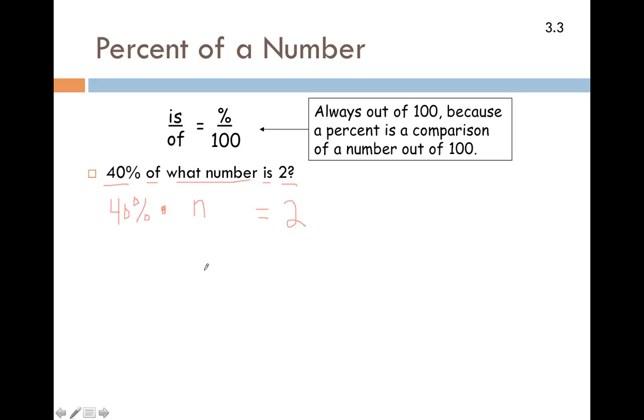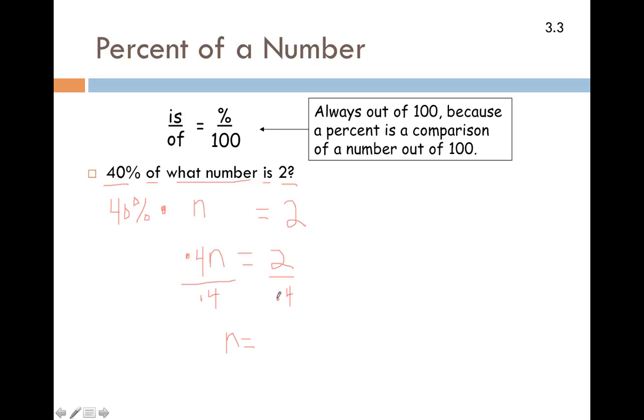So 40% is going to be 0.4 times n, which is 0.4n, equals 2. Then I can divide both sides by 0.4. And now we know what the rule says.